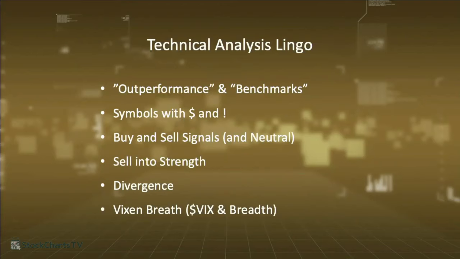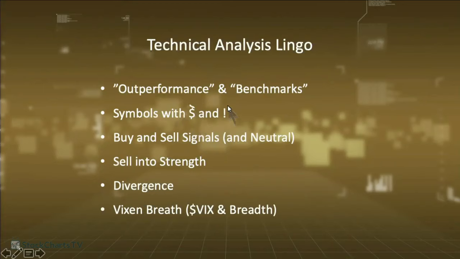All right, the symbols. I know some people have asked, what is the dollar sign and what are the exclamation point symbols? Dollar signs give you indexes generally, and the industry groups, like we always look at the Dow Jones US software or trucking or whatever it is. Those are going to be with dollar signs.